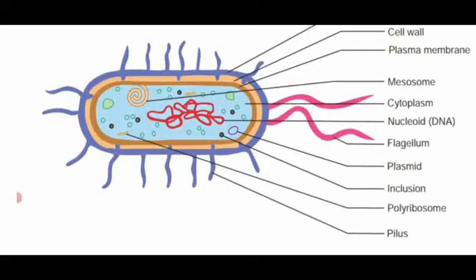Then in the cytoplasm, there are minute green colored particles named ribosomes, which are called cell inclusions. These ribosomes are bound together in an mRNA strand called polyribosome. Then the extrachromosomal double-stranded chromosome, a self-replicating autonomous body, is named plasmid.